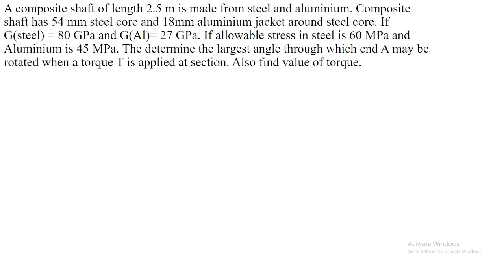The shear modulus of steel is 80 gigapascal and of aluminum is 27 gigapascal, the allowable stress in steel is 60 megapascal and in aluminum is 45 megapascal. Then determine the largest angle through which end A may be rotated when a torque T is applied. Also find the value of torque.